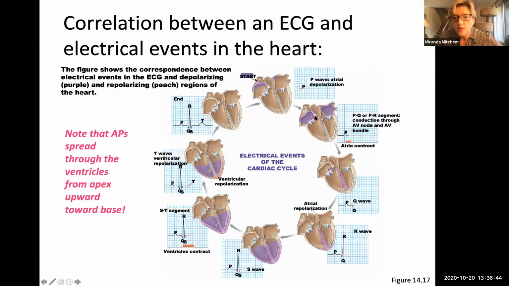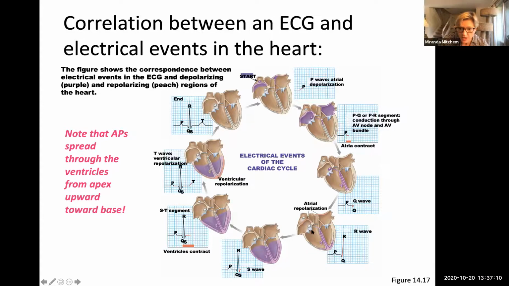So SA node to the AV, out to the bundle, and then we're going to branch next. Now we're doing that little drop, which is the Q wave. And this is from the repolarization of the atria.